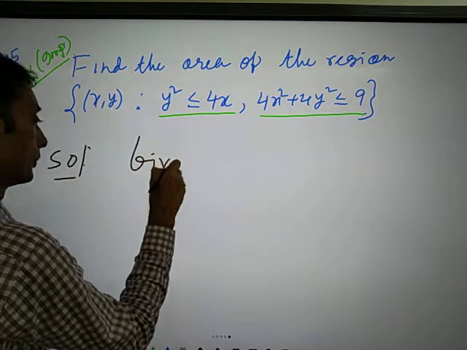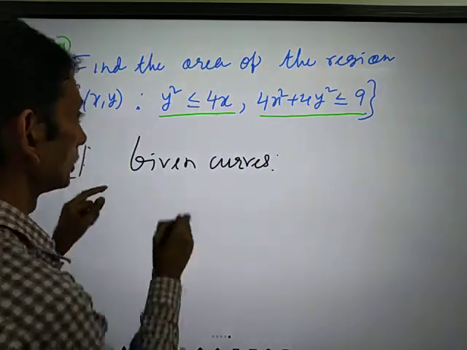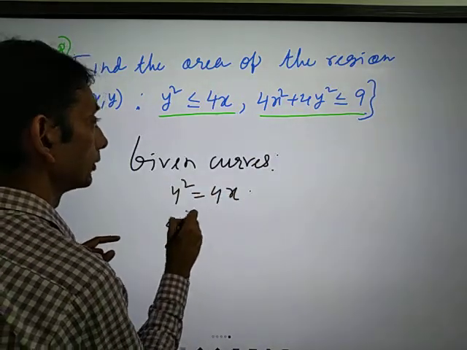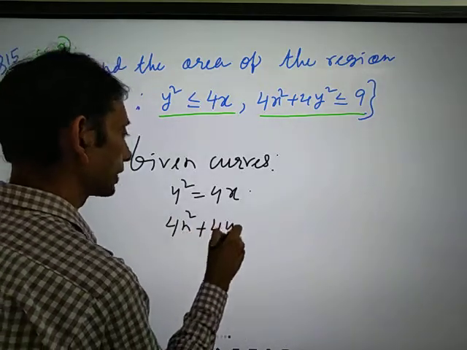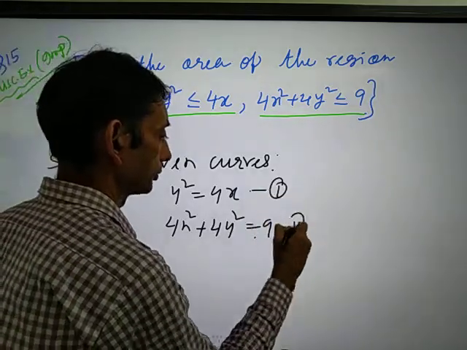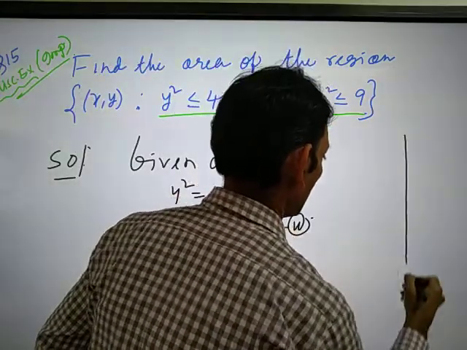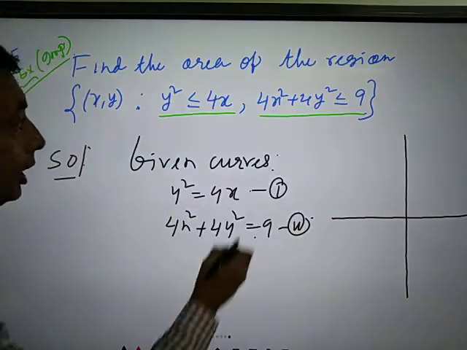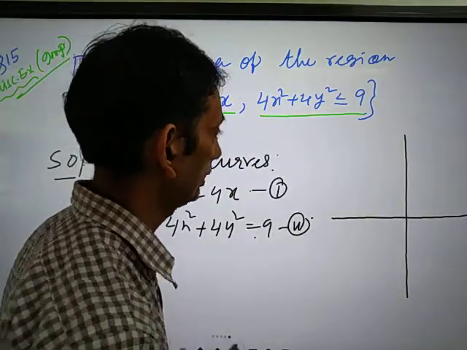So given curves, that is y squared is equal to 4x and 4x squared plus 4y squared equal to 9. So this is 1 and this is 2. Now we'll draw the graph. First we'll draw the graph of the circle.